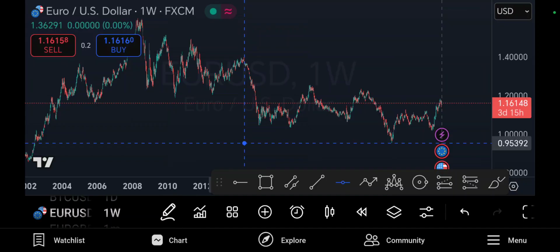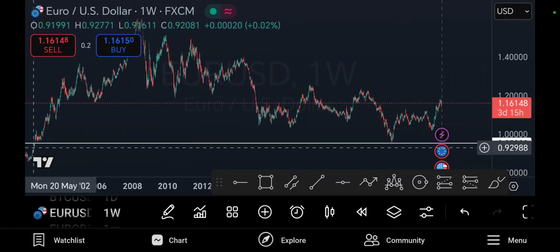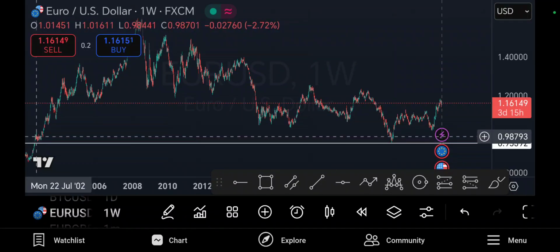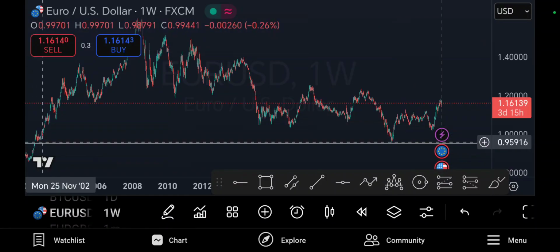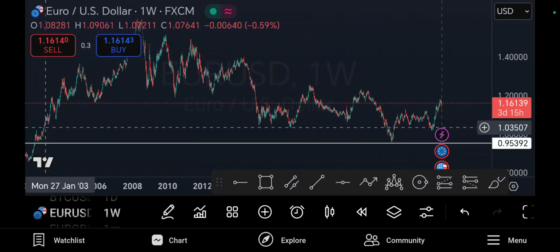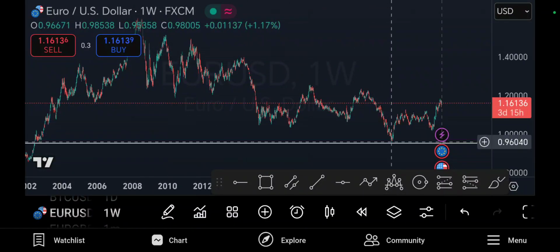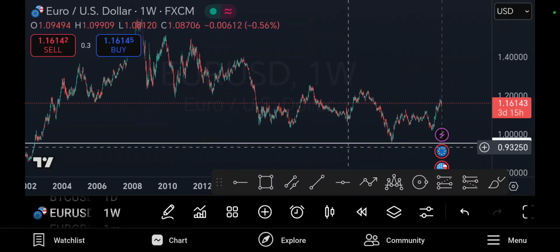Okay, look, see, look left. This zone was a resistance, I mean, probably was a resistance before this, and then it became a support. The market came, retested, it gave us this big move. Now it's at that zone, you see, it pushed again, so we can mark this as our support.